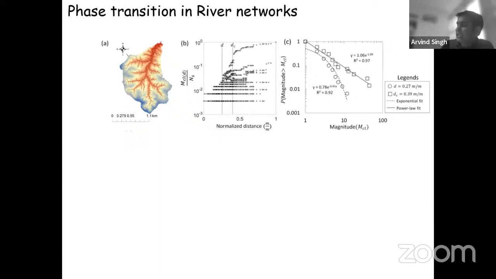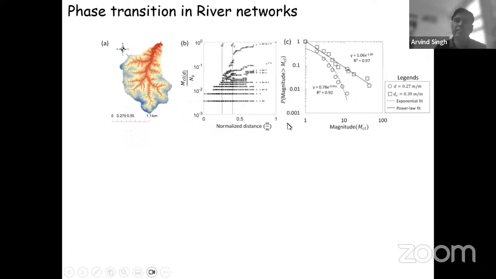Assuming a constant velocity, we can interchange velocity and time. So when these clusters merge and form larger clusters as you move downstream, we can look at the distributions of these clusters as a function of distance. And here is a sample example where the magnitude of clusters is presented as a function of distance.